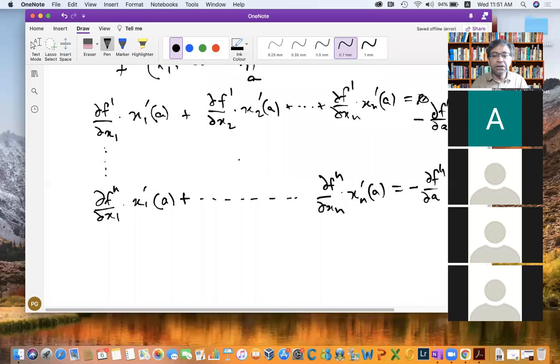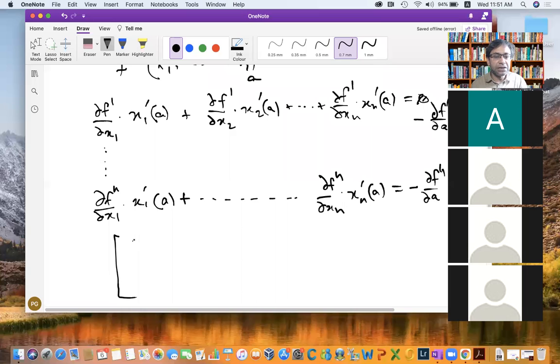Now, if you look at this closely, we can write it in matrix form. In each of these lines, there's x1 prime A, x2 prime A, etc. They're all linear functions of these derivatives with different coefficients, right?